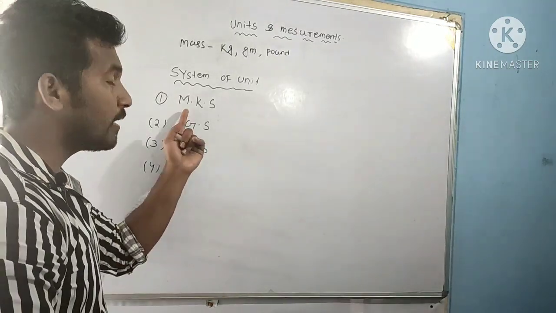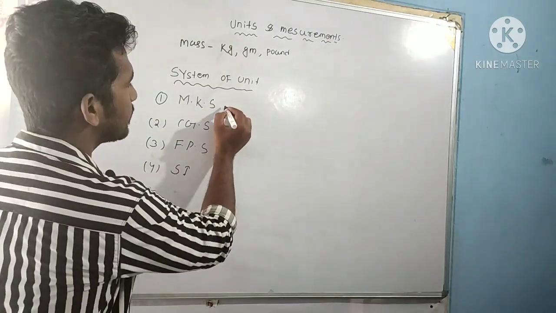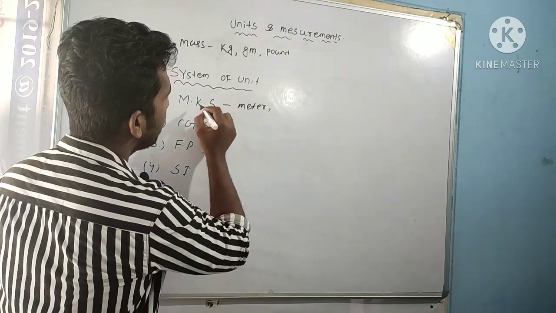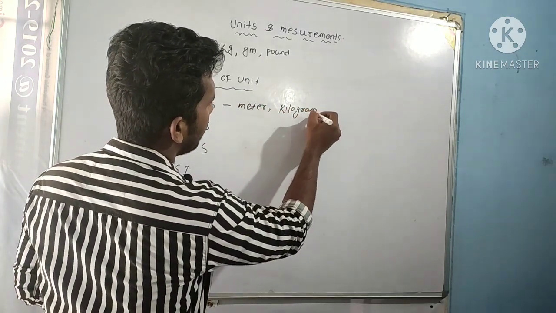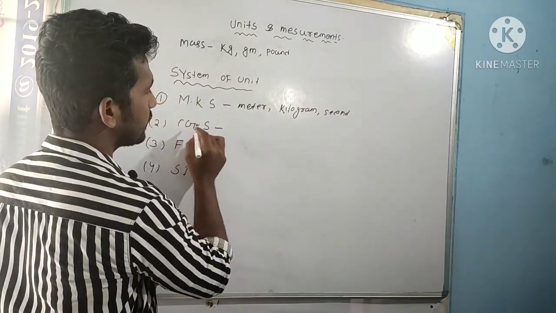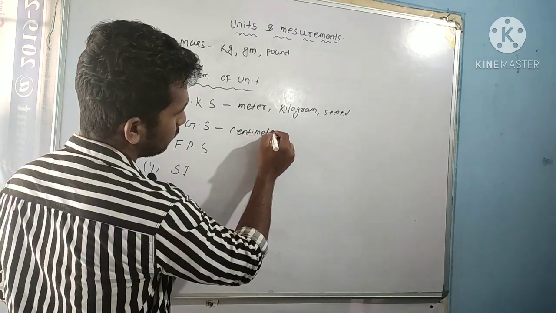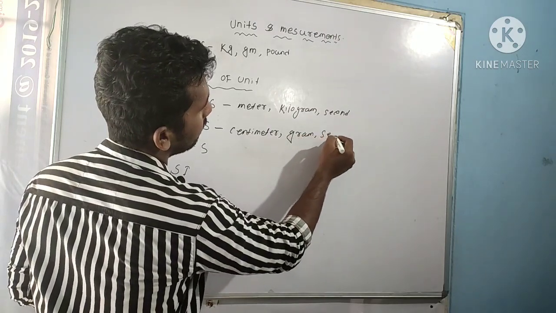Okay, what is MKS, what is CGS, what is FPS, what is SI? In MKS, M stands for meter, K stands for kilogram, S stands for second. CGS means centimeter, gram, second.